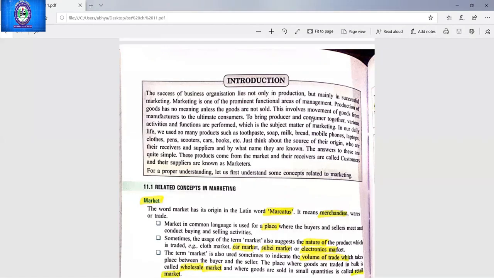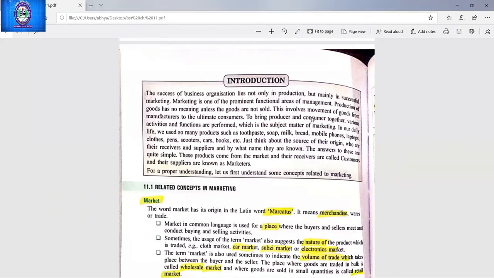So now the main question in front of them was how to sell the goods. In this chapter, we will be studying all the things starting from the need of the customer, because nowadays producers first go to the market and find the need of the consumer, then accordingly the products are manufactured. Surveys are conducted before the production starts.